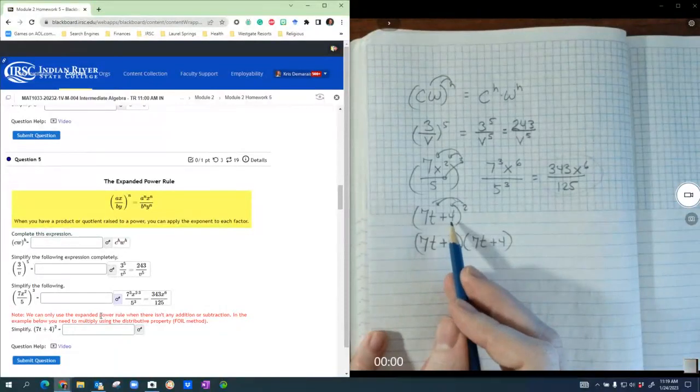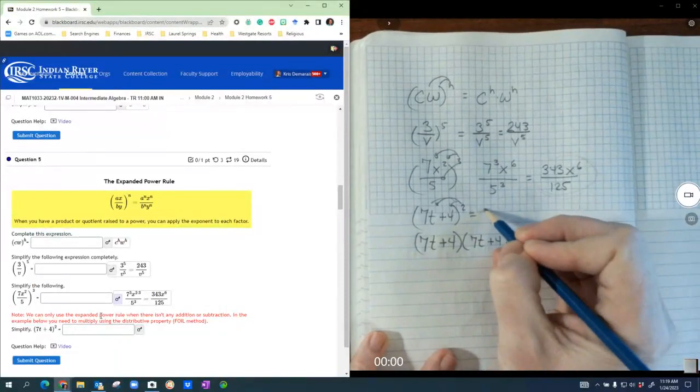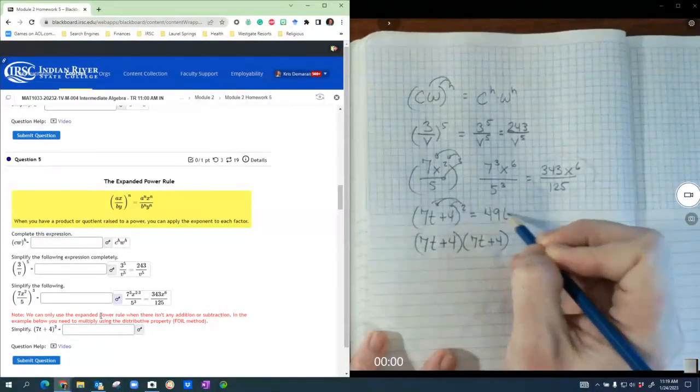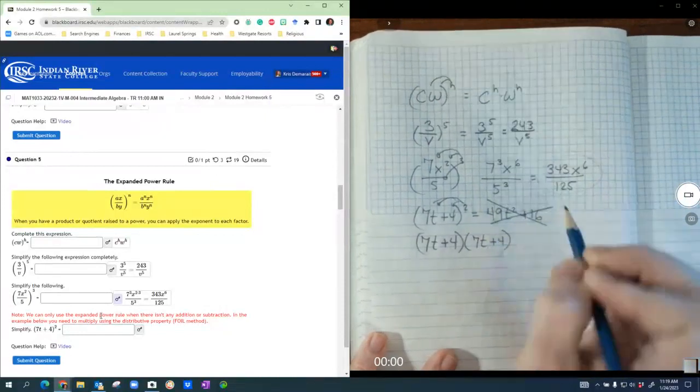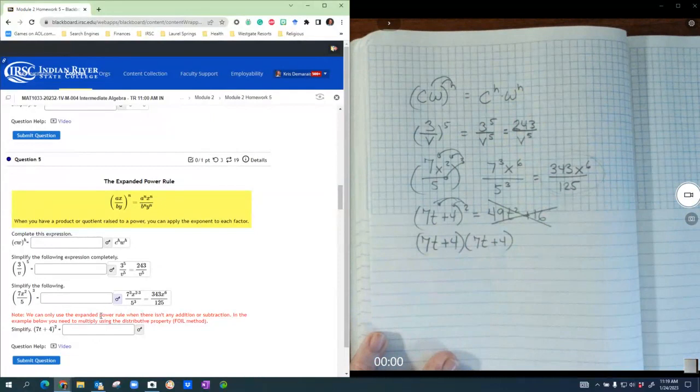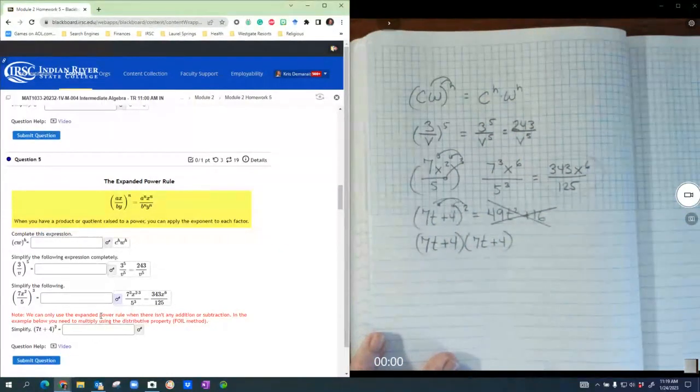It drives me nuts seeing students do this. This is not the answer. It's not going to be 49t squared plus 16. This is wrong. That's completely wrong.